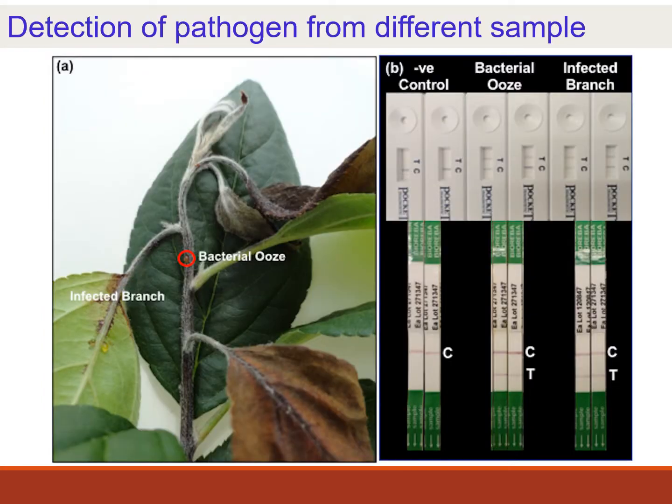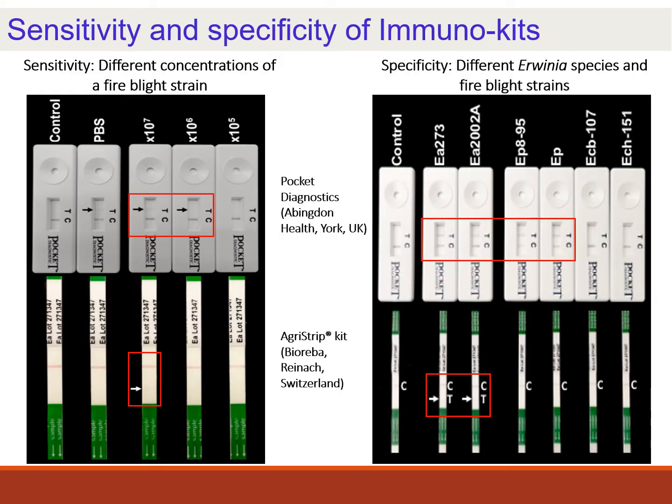One can use different kinds of samples for detection of fire blight. For example, if you have a suspected sample, you can use leaves from the sample, you can use the wooden part of the branch, or if there's any ooze droplet, you can use that also to test. We have also compared the sensitivity and specificity of both immunokits. Our results show that Pocket Diagnostic Kit was more sensitive compared to AgriStrip Kit.